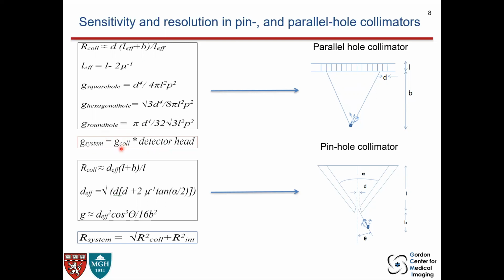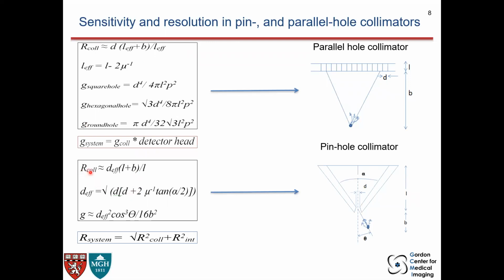So the geometrical sensitivity of the system comes from the collimator sensitivity here. And we don't talk about detector sensitivity at the moment, because that's a different formula, but then you can multiply these together.